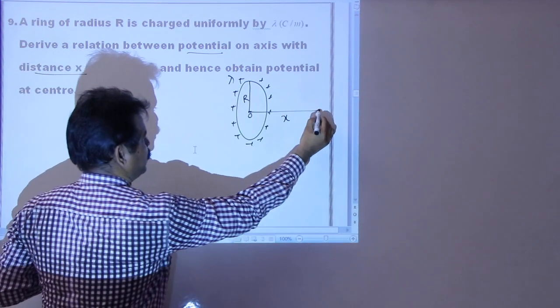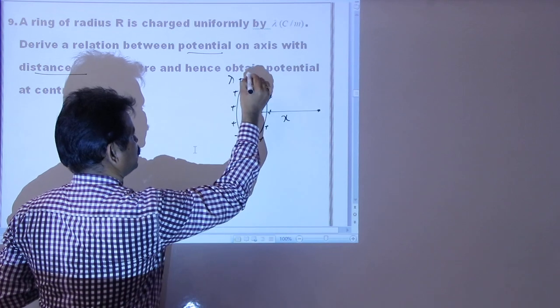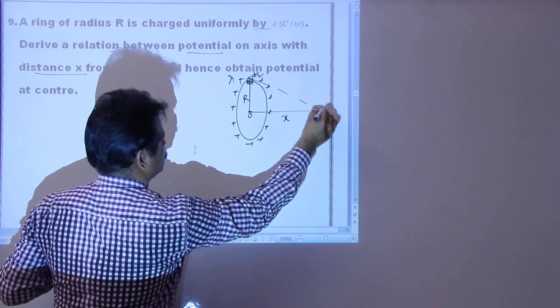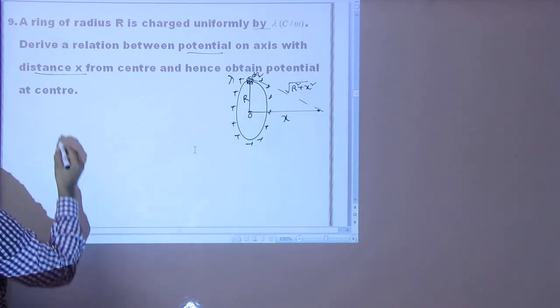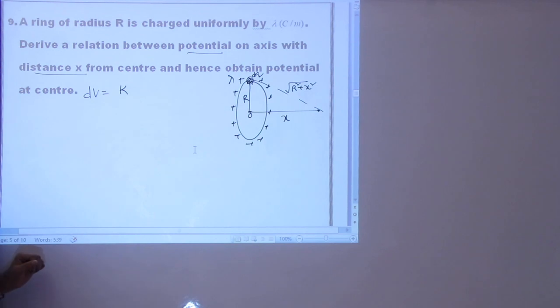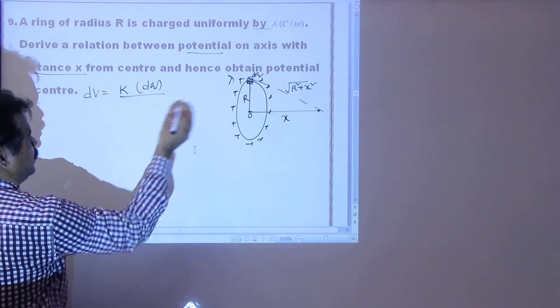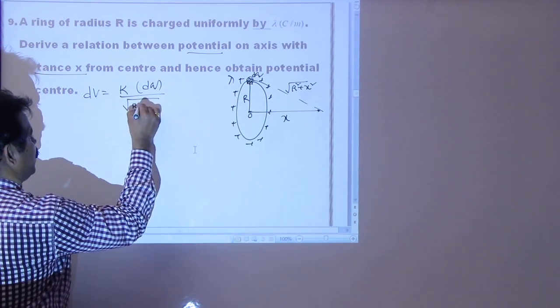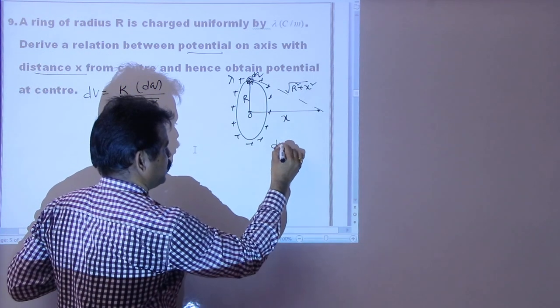So how to find the potential here? To find the potential at this point, let me take a small element here whose charge is dq, and the distance will be root over r square plus x square. So the small potential is given by 1 by 4 pi epsilon, which I am going to write as k in problems, times dq by the distance, root over r square plus x square.